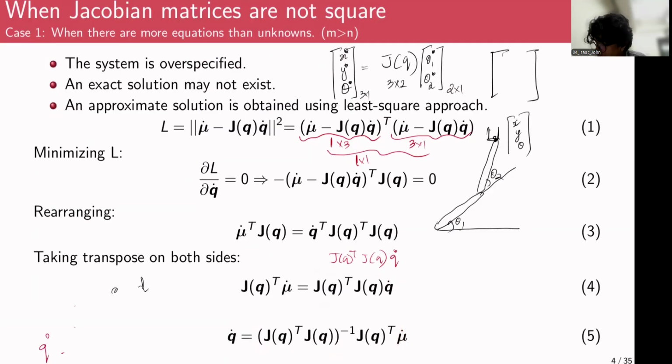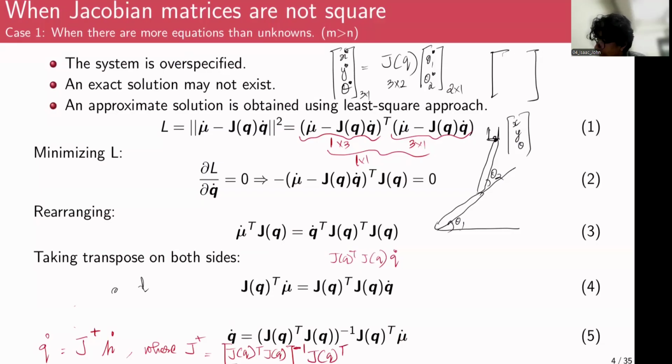Q dot is probably a J plus, maybe I'll have a symbol here, times mu dot, where this J plus or J cross is nothing but J of q transpose J of q, the whole inverse, multiplied by J of q transpose.